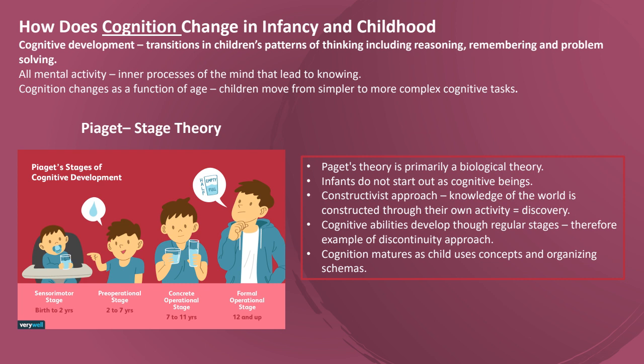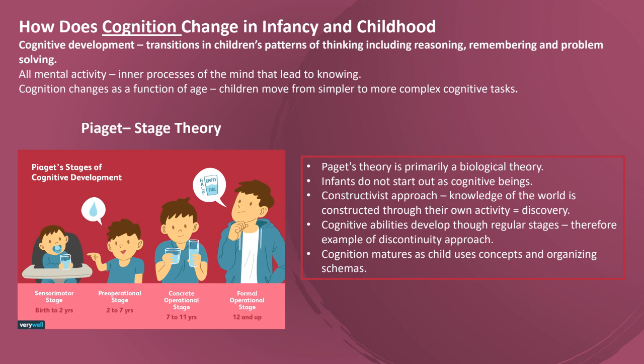So our first theorist when it comes to cognitive development is Piaget. He also is a stage theorist, but his stage theories are to do with cognitive development, and a child moves through 4 stages. But his theory is mainly driven by biology. And so children evolve because that is how they are programmed to evolve. There's very little influence from the outside environment.